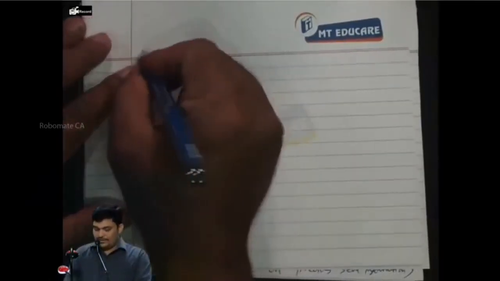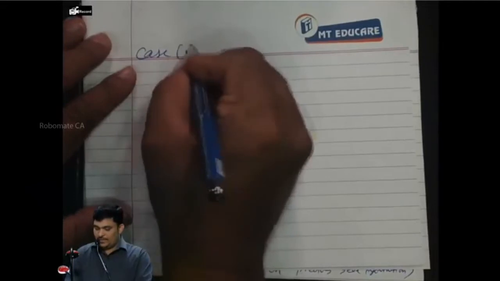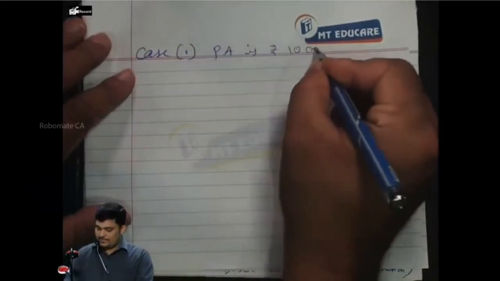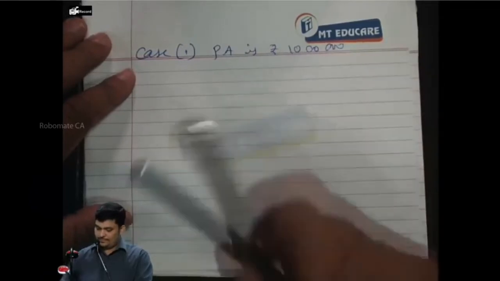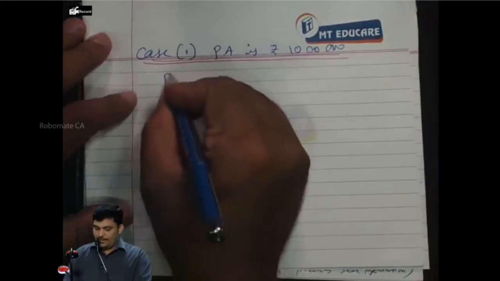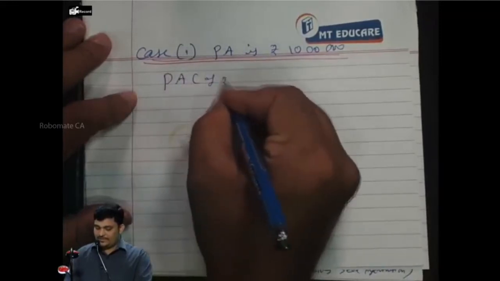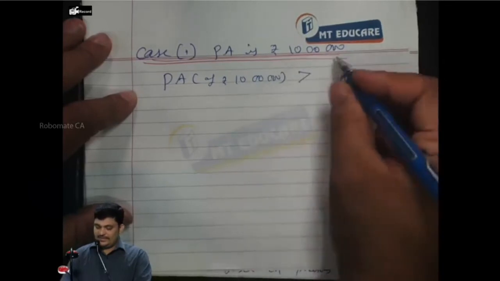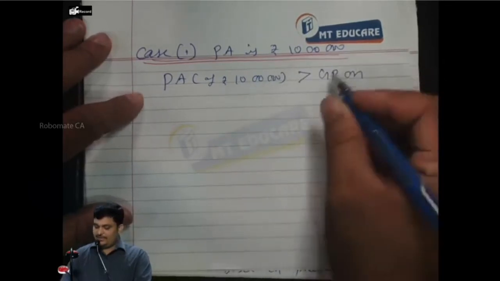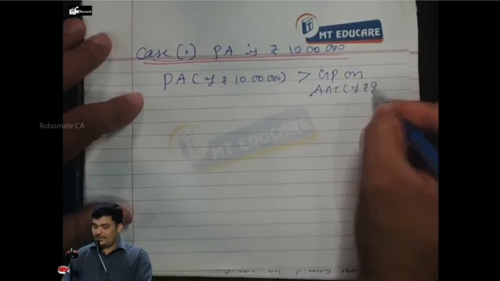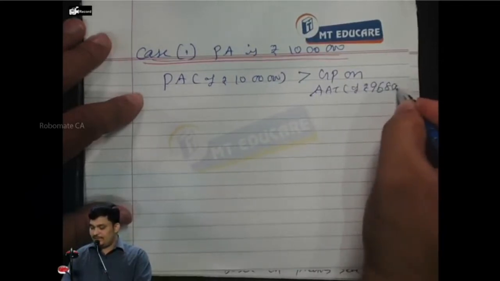So case 1. Policy amount how much? Policy amount of rupees 10 lakhs is greater than GP on AAT of rupees 9,68,000.